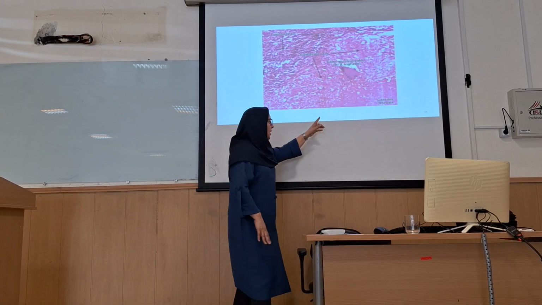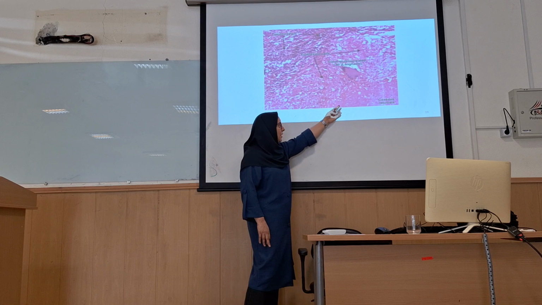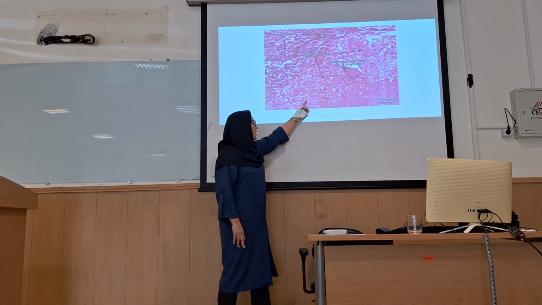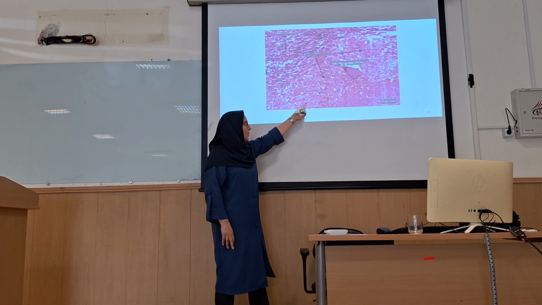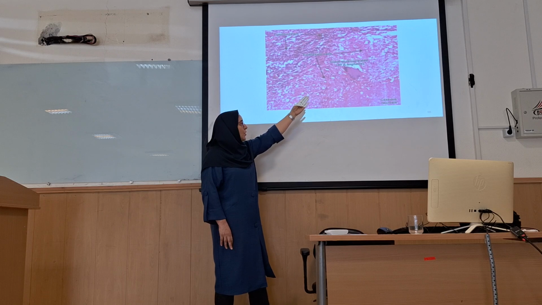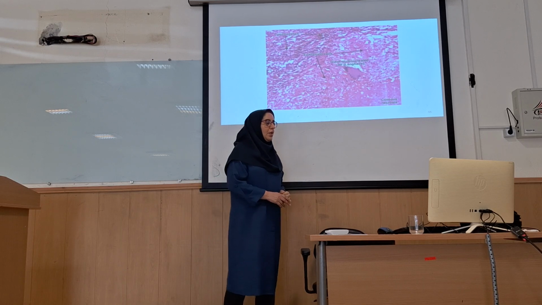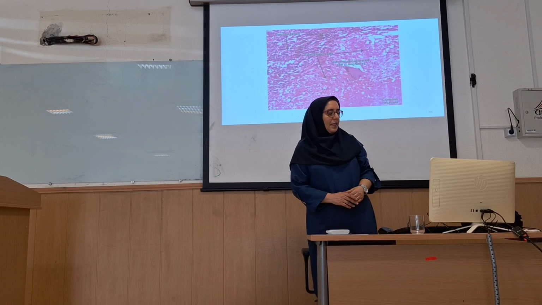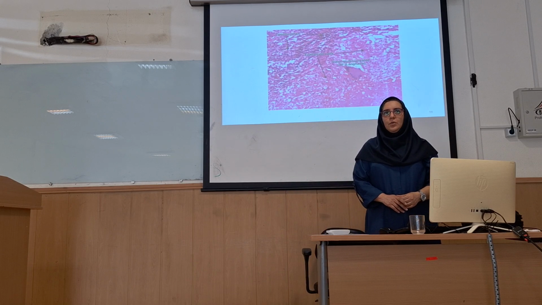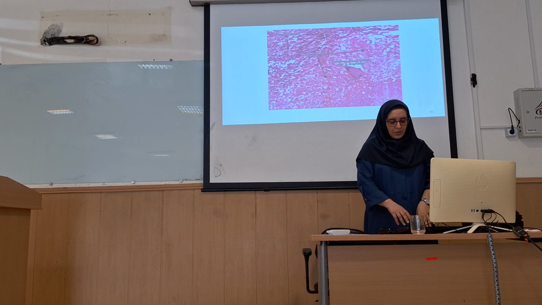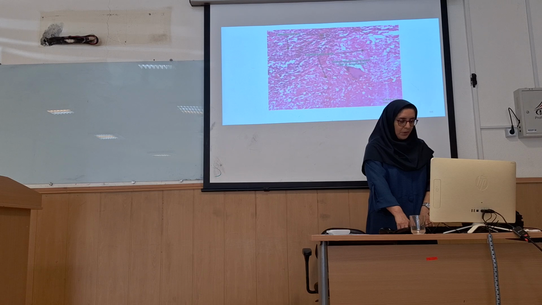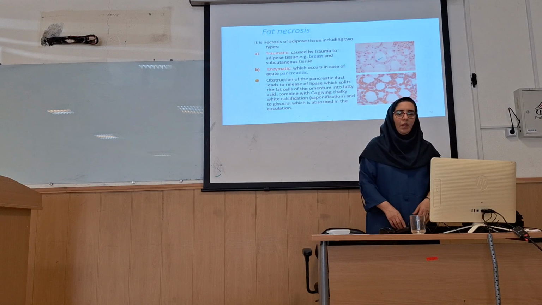With high magnification, we have necrotic material, okay? Histiocytes, epithelioid histiocytes, multinucleated giant cells, and accumulation of lymphocytes and histiocytes. It is the dominant pattern in caseous necrosis with tuberculosis. It's characteristic for tuberculosis.